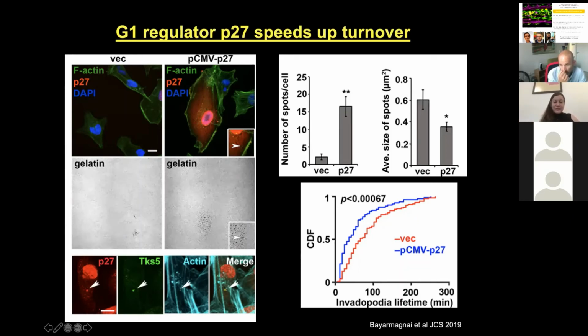So you have many more invadopodia because this turnover is much faster with the P27 localizing to the invadopodia. So if we overexpress the P27, the number of invadopodia increases a lot, but the average size decreases. And it's the other way around with the knockdown.